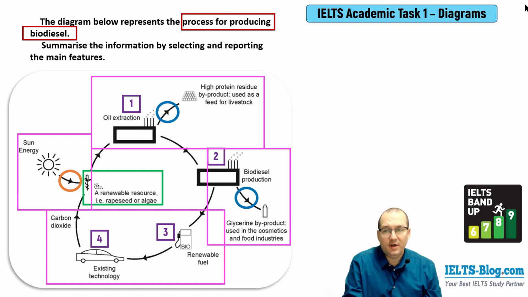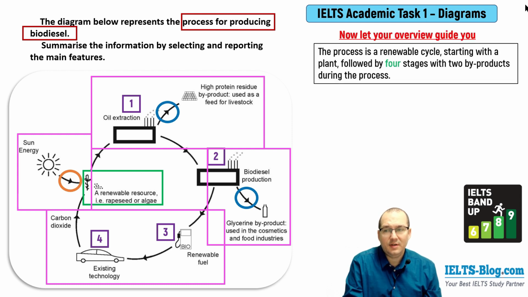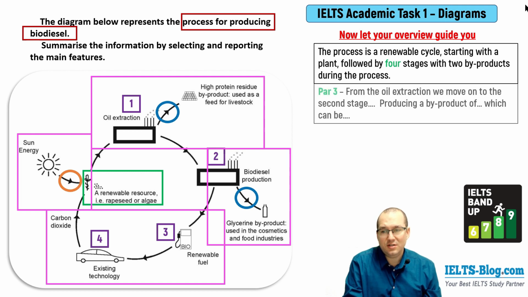Now, when we move on to the next one, okay, again, we're focusing on the 4 stages, but now we're on stage 2, right? From the oil extraction, we move on to the second stage, and then put in your words, producing a byproduct of, again, put in your words, which can be, again, what the use is for that.